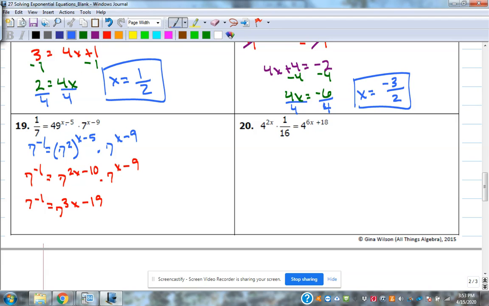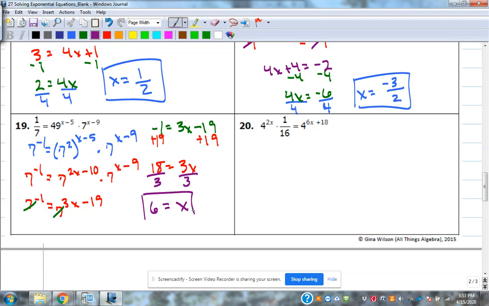And now I've got the bases the same. Drop them. Negative 1 equals 3x minus 19. So I'm going to add 19. 18 is equal to 3x. Do some division. 6 is equal to x.